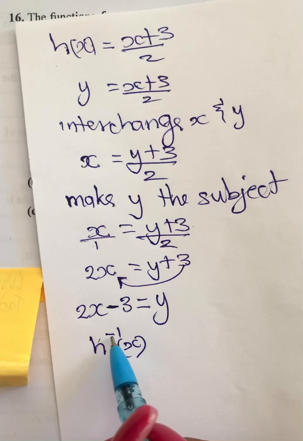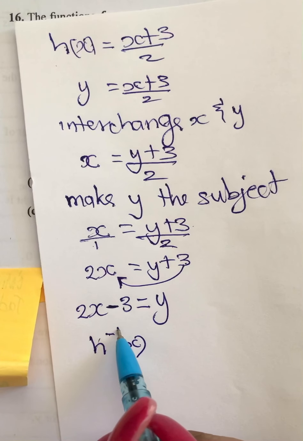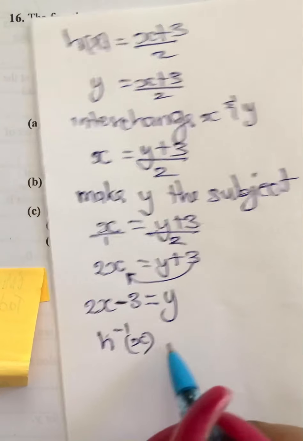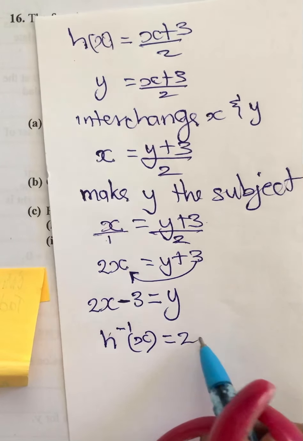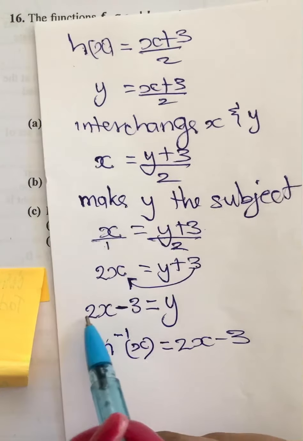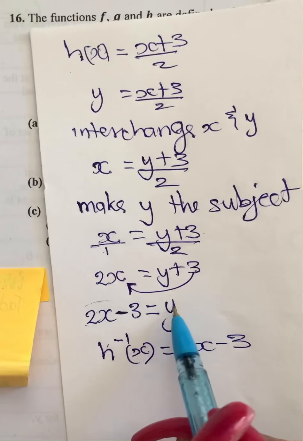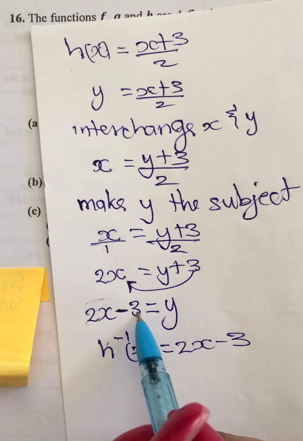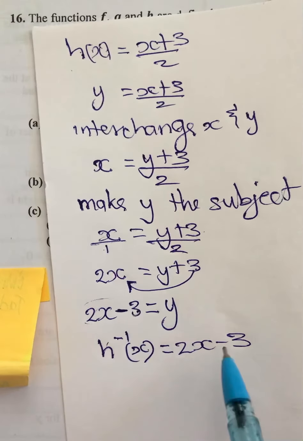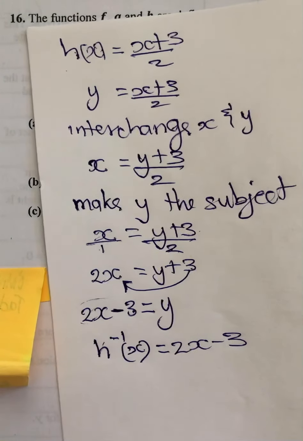When we are finding inverse, we raise it to the -1. So h inverse of x will be my answer that I found here. I drop the y and I take the other side of the equation. 2x minus 3.